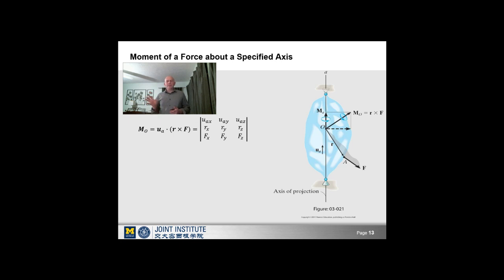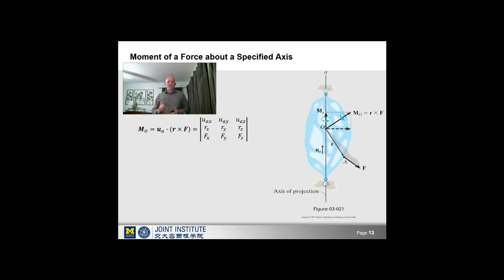So you can see in this one, that's going to give me some moment resultant R cross F about the axis A. Now the way I can do that is the moment is equal to UA dot R cross F, right? So we have a bit more to work out here, but I can take the unit vector components and put those into the first row and determine the cross product, just as we did with I, J, and K.